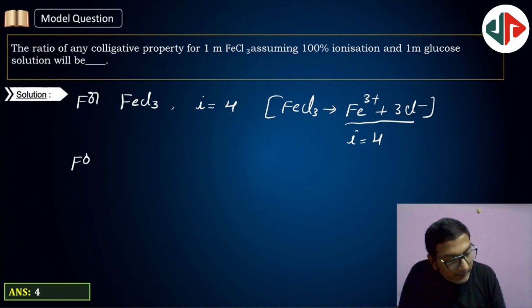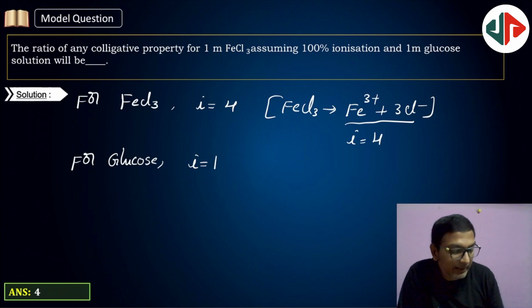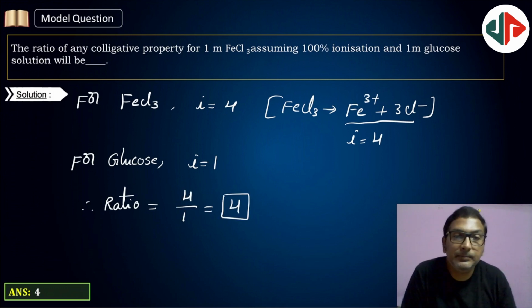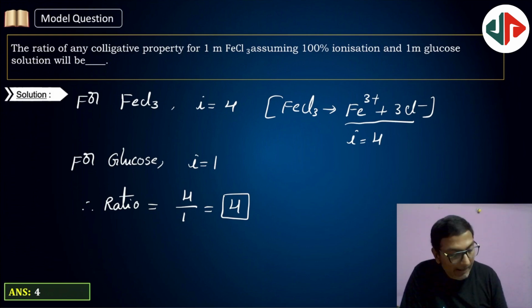Next, for glucose, i value always will be equal to 1. No dissociation. Therefore, ratio is 4 by 1, which is 4. Simple. Any colligative property is directly proportional to i. Next.